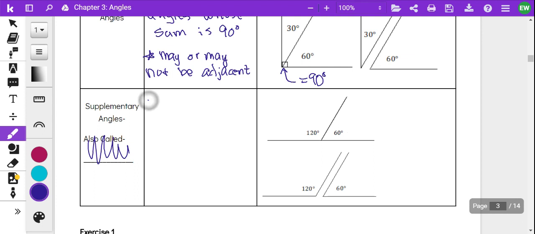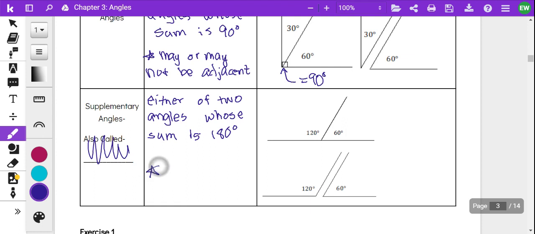Okay, so supplementary is either of two angles whose sum is 180 degrees.